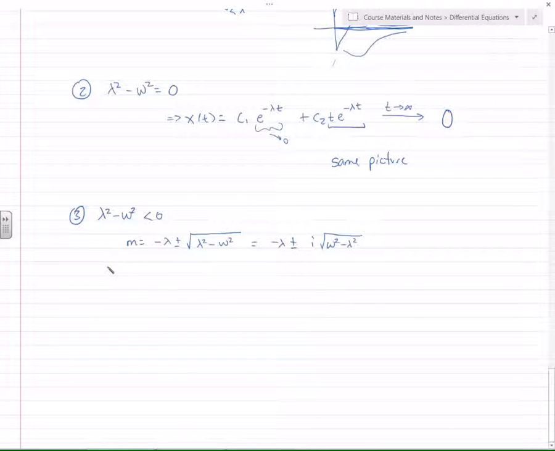So then that means I can immediately write down my solution, with this being my alpha and this being my beta, in an alpha plus or minus beta i form. Remember, that's where the sines and cosines come into play.